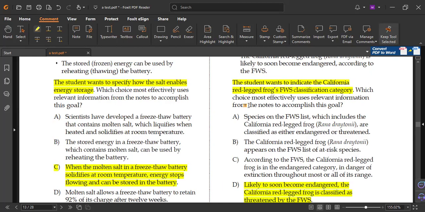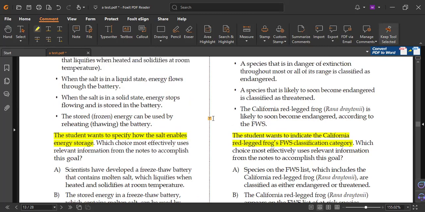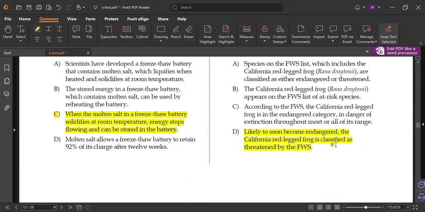But what is related to the question itself? As mentioned here, look, the California red-legged frog is likely to soon become endangered, according to FWS. Endangered, is it mentioned here or not? It's threatened, and they already said it's endangered, right?